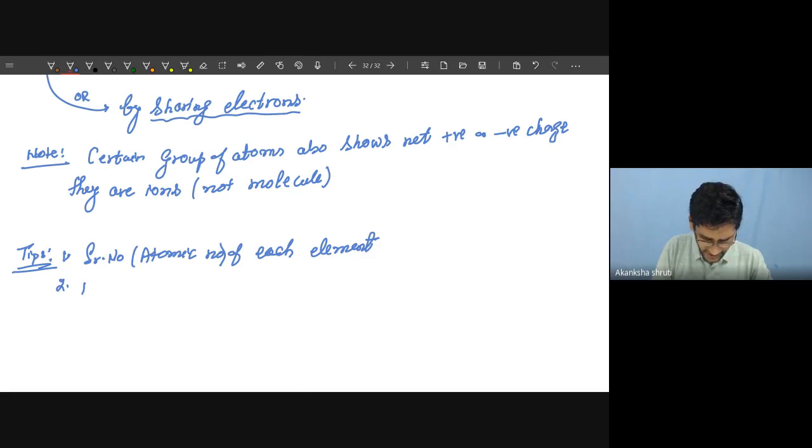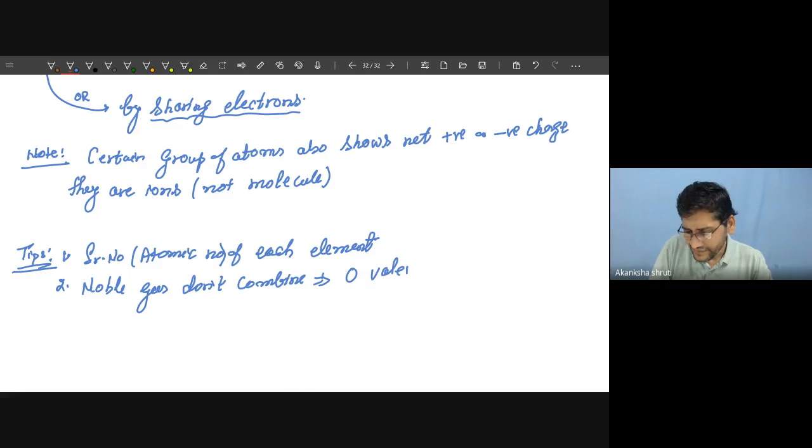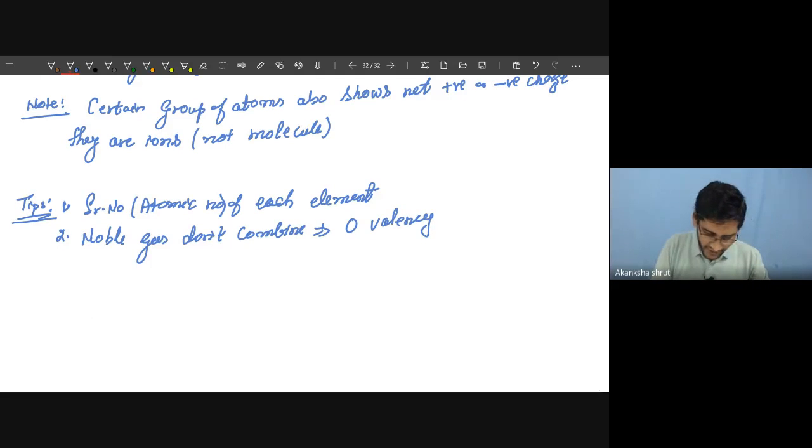The second point: noble gases do not combine, meaning they have zero valency or zero charge. Third, what are these noble gases that we need to keep in mind?